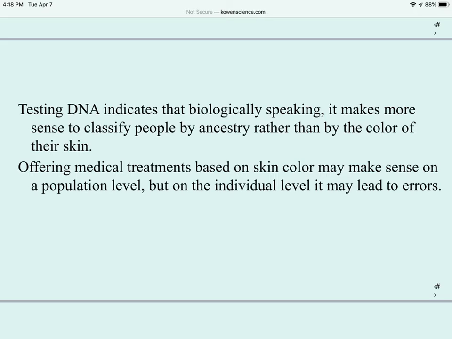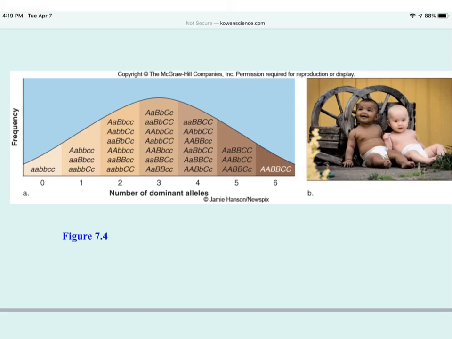If you go by skin color alone on a population level, then it would make sense, but on an individual level, it's going to cause errors, and it's going to lead to wrong medical treatments for individuals. And here you can see the genomic key for the varying types of skin color and what genes they would have to inherit to get each of these skin colors.